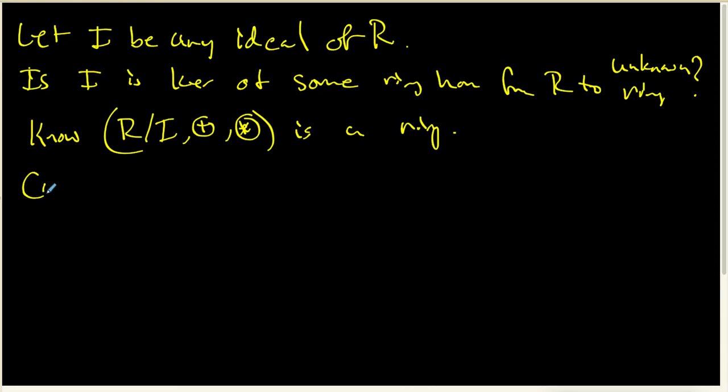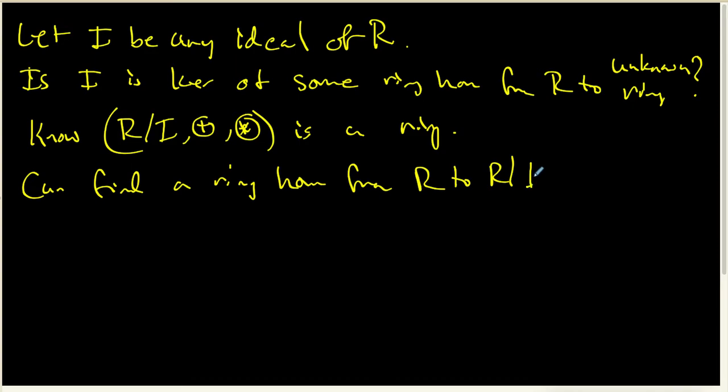In other words, can I find a ring homomorphism from R to R mod I with the kernel of this map equal to the ideal I inside of ring R?